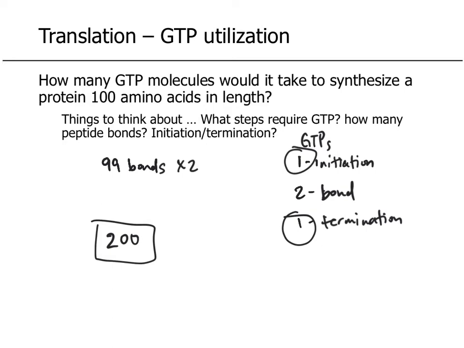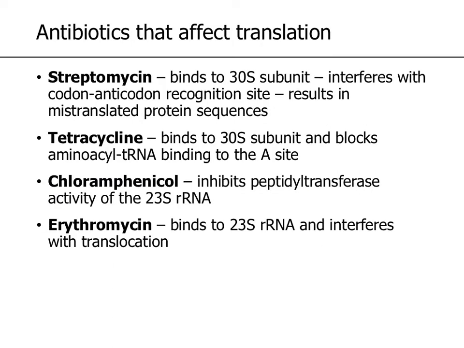Okay? All right, so just like with transcription, this time there are actually more antibiotics that affect translation. Here are just four of them. Streptomycin binds to the 30S subunit. This interferes with the codon-anticodon recognition site, so you actually end up with a lot of mistranslation.